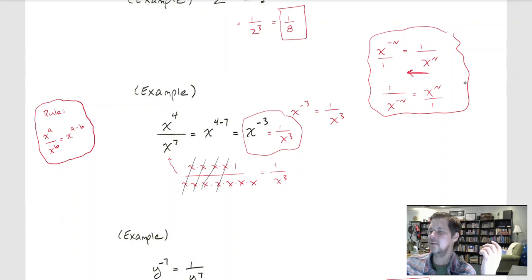You could take positive exponents, take the thing in the power, and move it through the bar to the other side, and the exponent changes sign. Anytime you move something from below to above, or above to below, the exponent will change sign from negative to positive or vice versa.